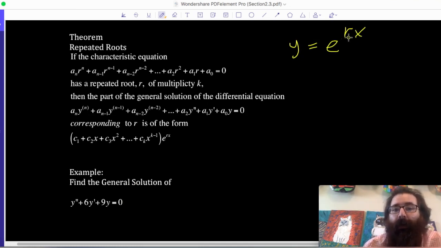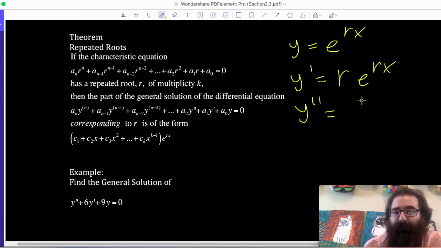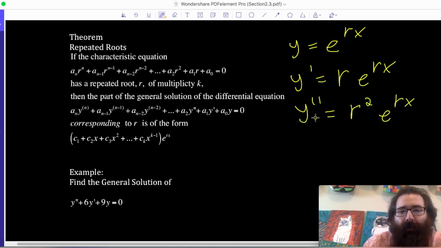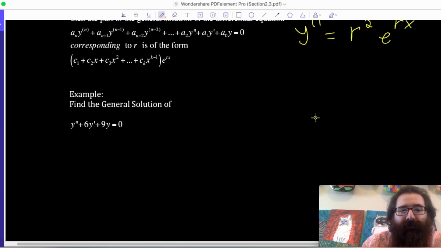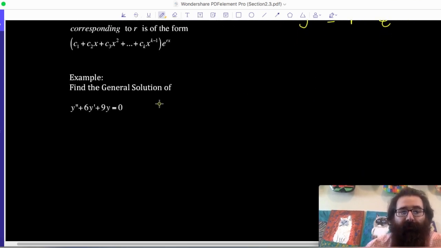So we'd say, well, then y could be some exponential function e to the rx, meaning that its derivative y prime with chain rule is r e to the rx. And the second order derivative just generates another factor of r by chain rule, so r squared e to the rx. And we would go and start plugging these things in to our differential equation.